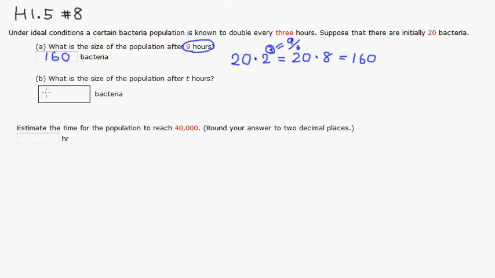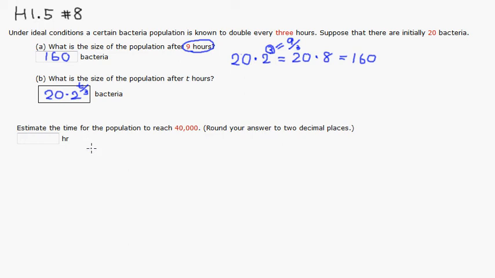You start from 20, and it doubles t over 3 times. So that's the population after t hours.